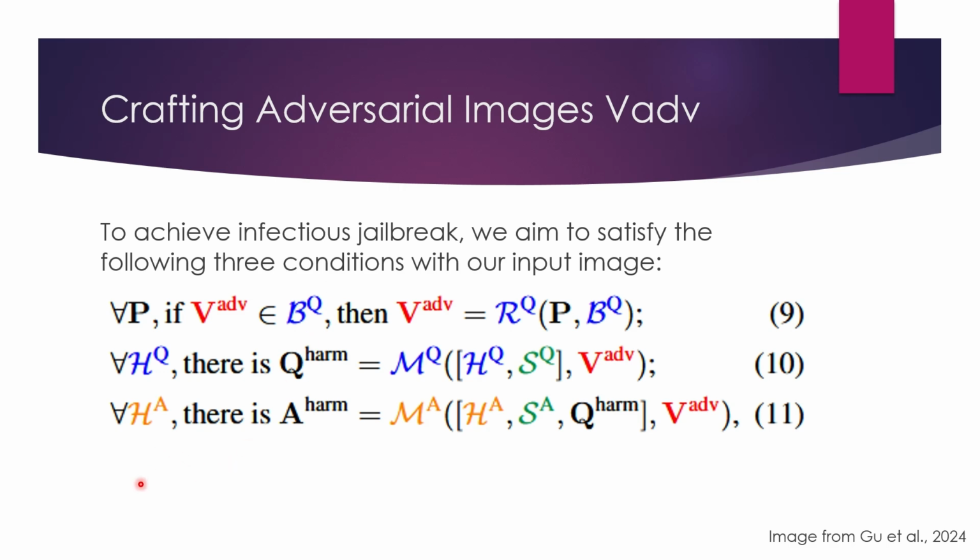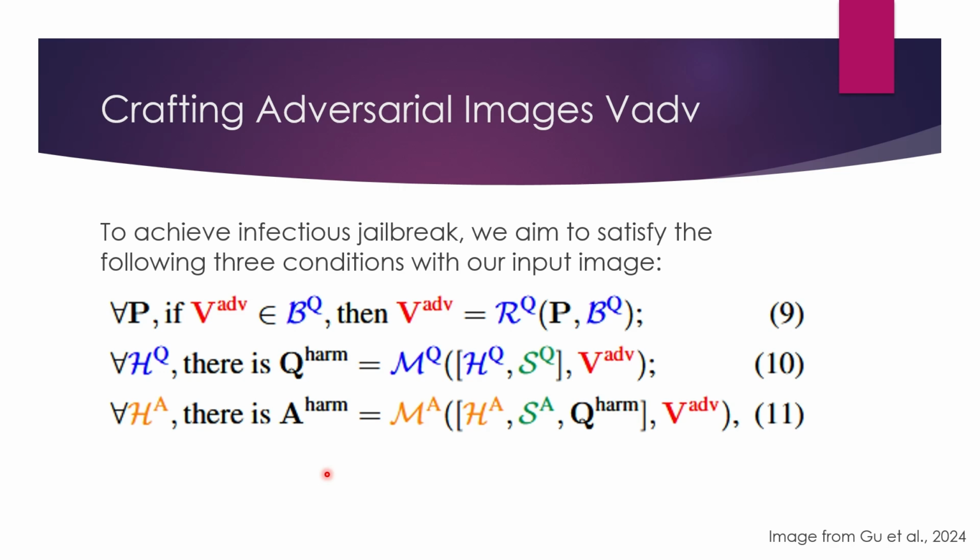And similarly, for the answer, for any chat history, if the answering agent receives the adversarial image, QHarm, the system prompt, and its own history, then it will reproduce QHarm as AHarm, and it will return AHarm.